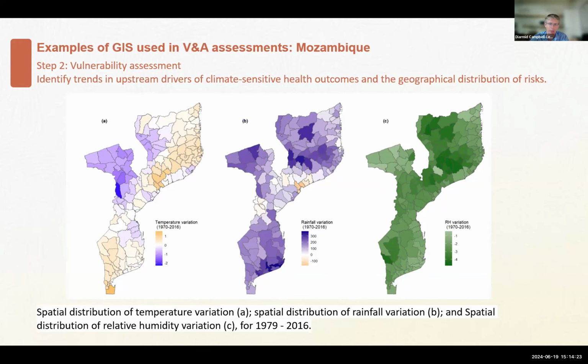So in this case, they were able to produce maps of variation in temperature, means and variation in rainfall, means and variation in relative humidity, for example, based on historical data, because it is known that those are conditions which affect some of the health issues for which that country is most concerned.